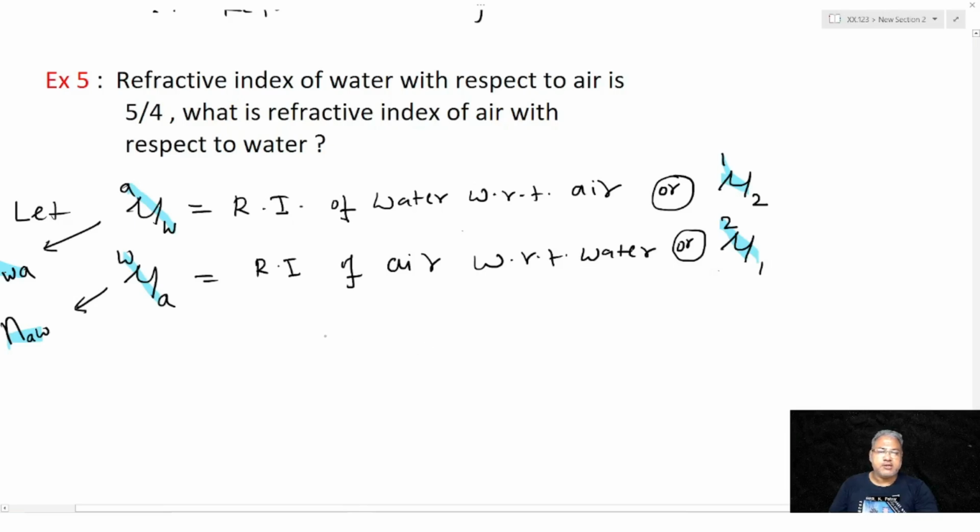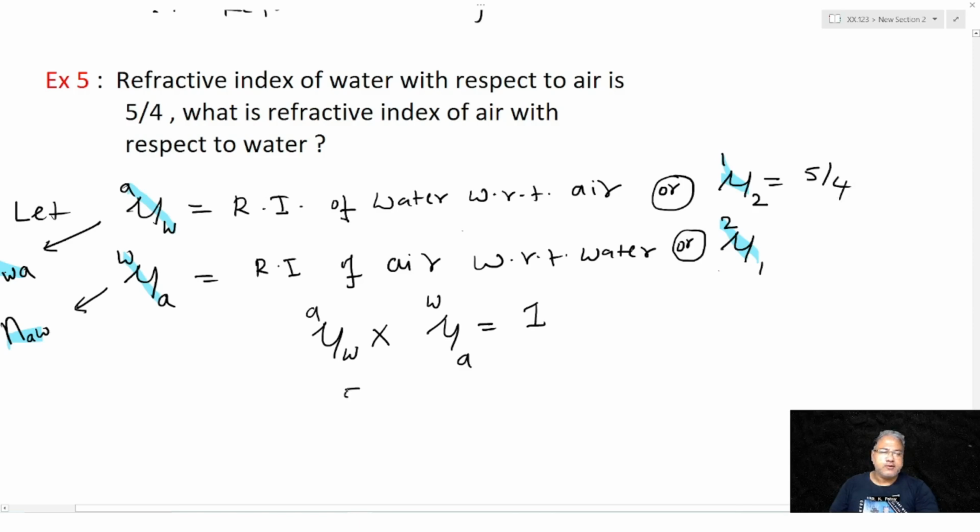Now we know the relation. The refractive index of water with respect to air times the refractive index of air with respect to water is always equal to 1. They have already given us the refractive index of water with respect to air, that is 5/4.